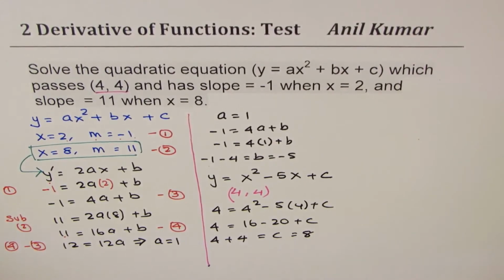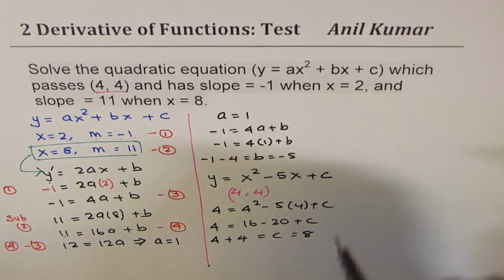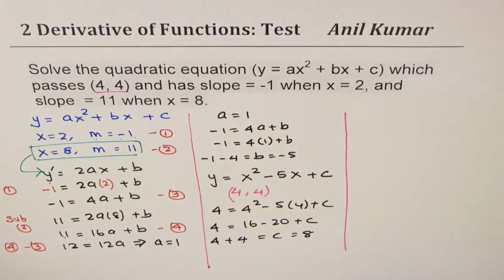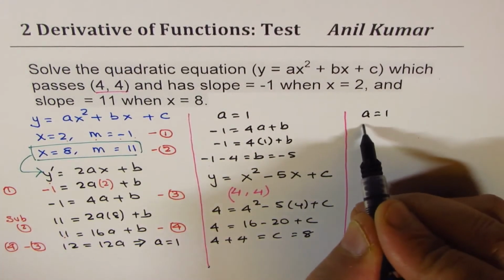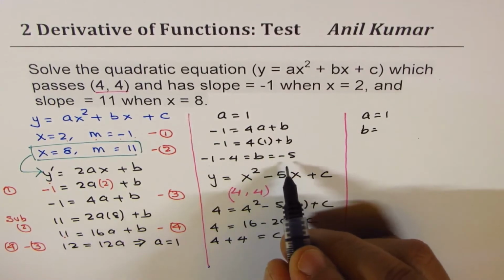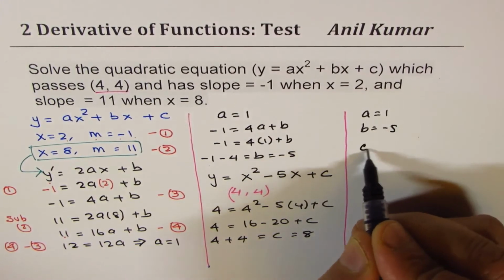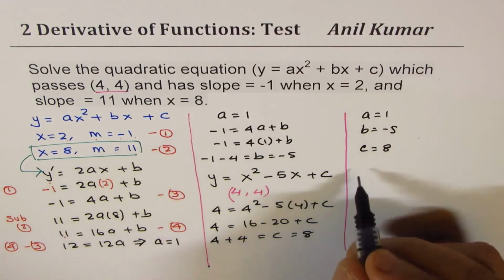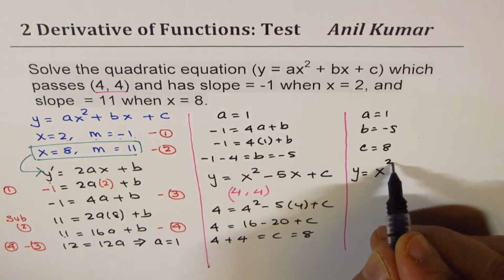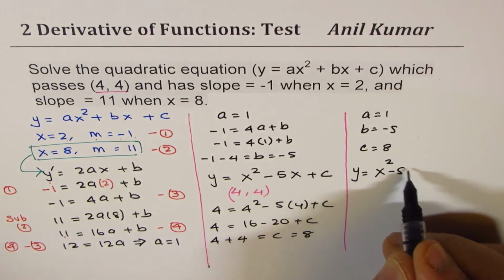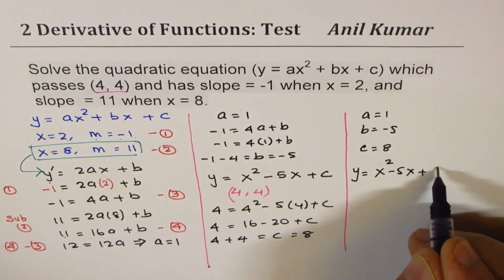So c equals 8. Now we have found the value of c also. So in this expression a equals 1, b equals minus 5, and c equals 8, and therefore the function is y equals x squared minus 5x plus 8, right?